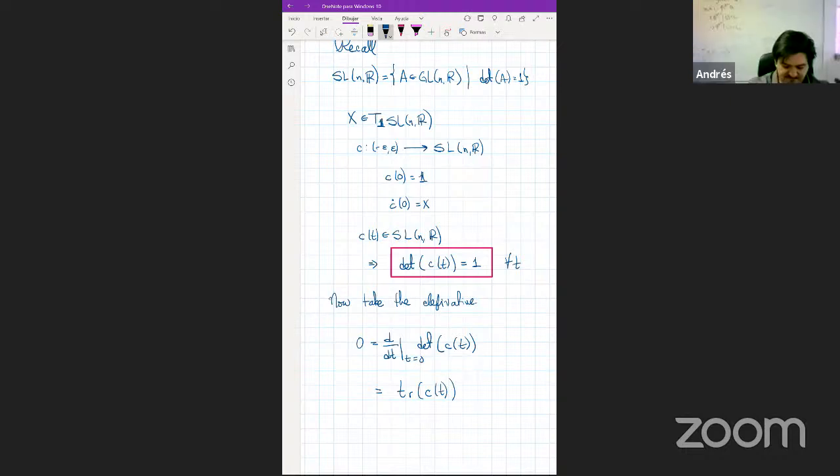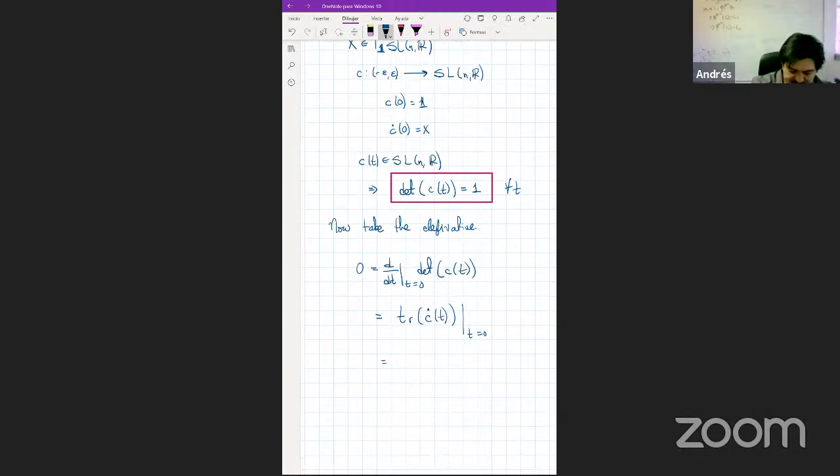The trace of x at 0. But the trace, is this correct? I'm missing this, right? The derivative of this. So this is precisely the trace of x.